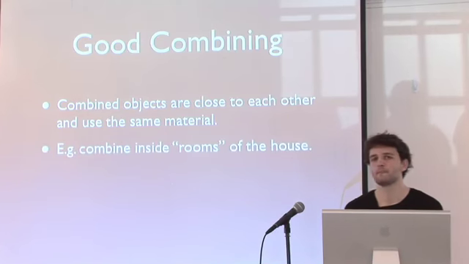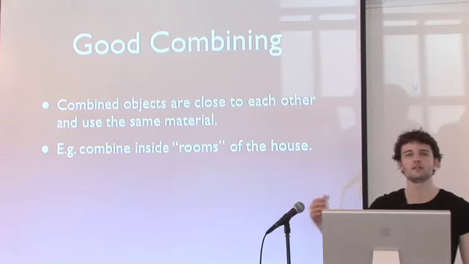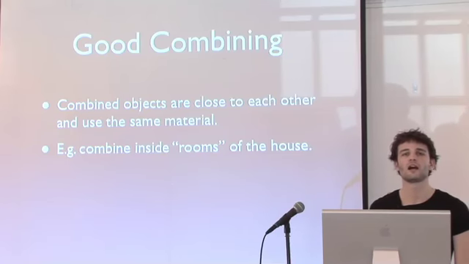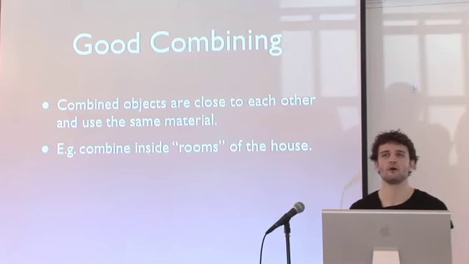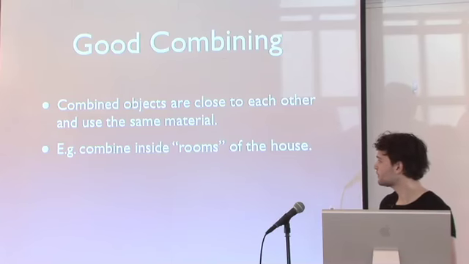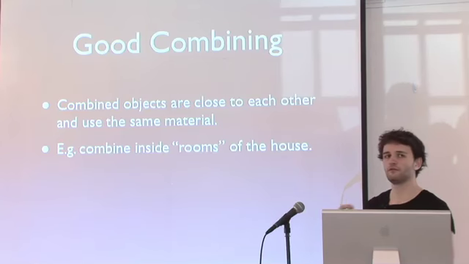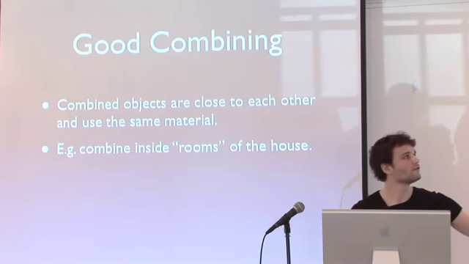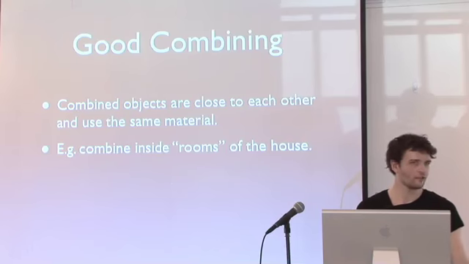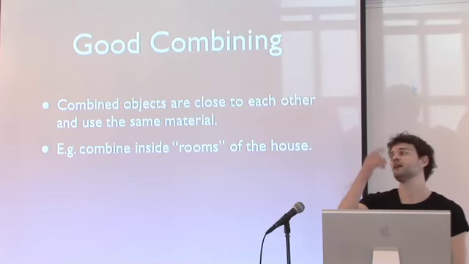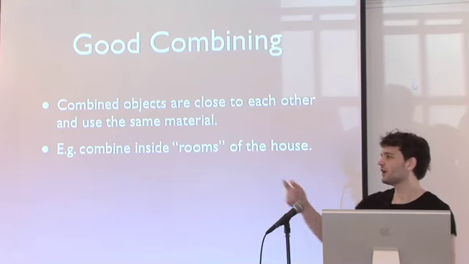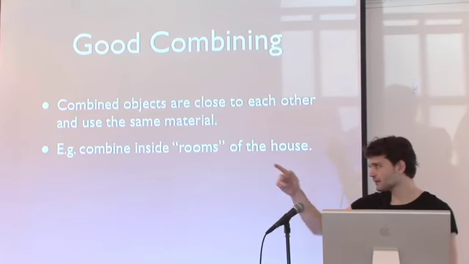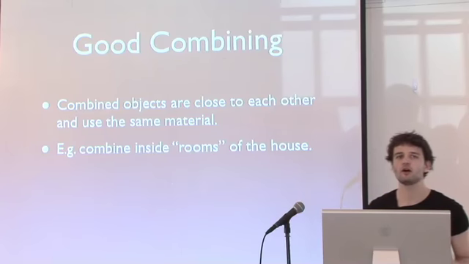So for example, if you're doing an indoor scene, you're rendering a house, what you're really shooting for is that you have one draw call for each room. So you have 20 rooms in the house, so you have 20 draw calls. Now, if you look around, you have the ceiling, you have the walls, you have some lights up there, you have the windows, and you have the exit sign, you have some textures on top.